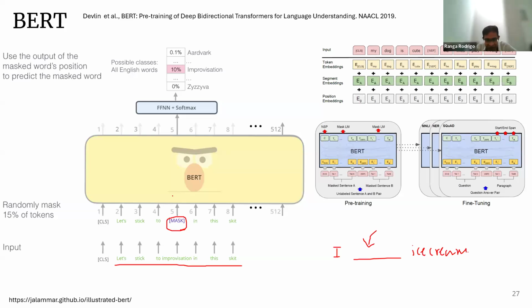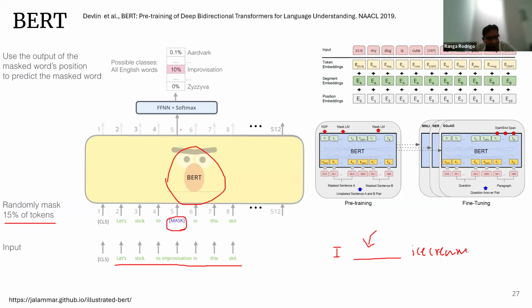So we want this neural network called BERT also to predict the word that should have been there in the mask location. So they randomly mask 15% of the tokens. We call them tokens. You can think they are slightly smaller than words.